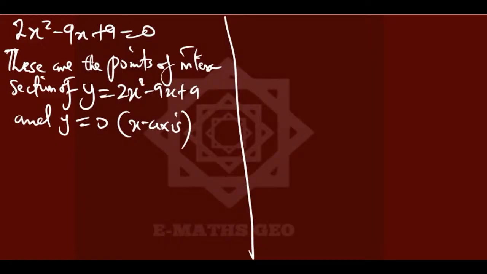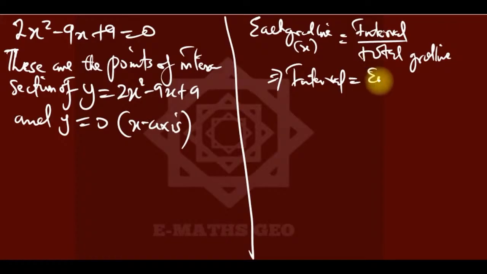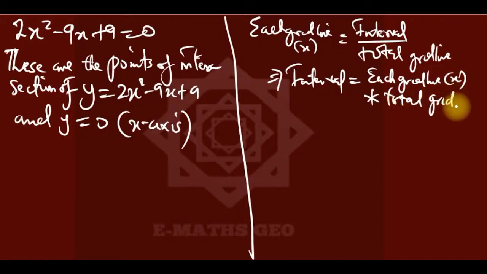So since we know each grid line for x, the interval we are looking for is each grid line for x times the total grid lines.